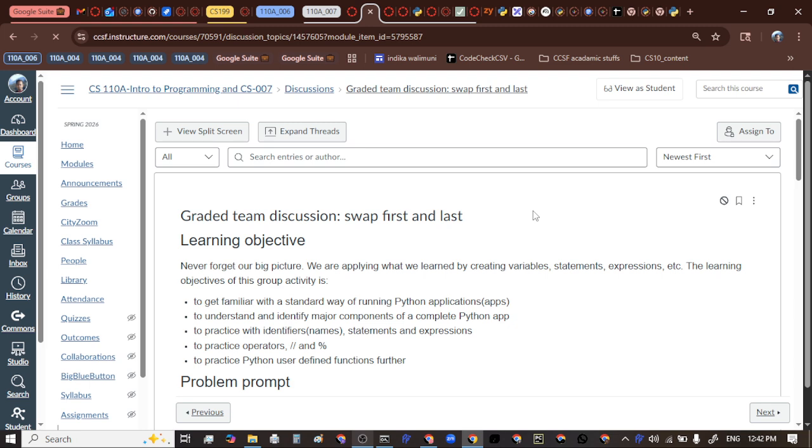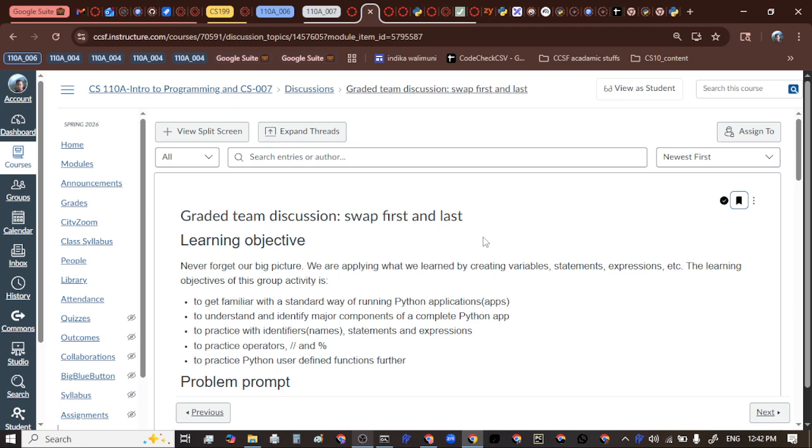We are starting word-based problems for a while, and we're going to come back to turtles probably in modules 9 and 10 when we learn looping and branching. All right, it's published, guys.